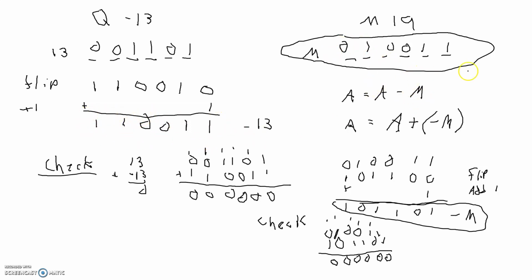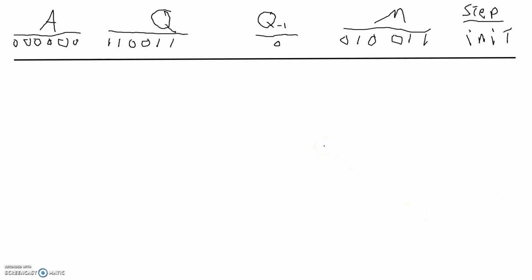I came up with how the 19 is represented, and because later when we actually have to perform A equals A minus M as a step in Booth's algorithm, I figured out, because you can do it as A equals A plus negative M, what the negative M was. So that was done in part 0 of the video.